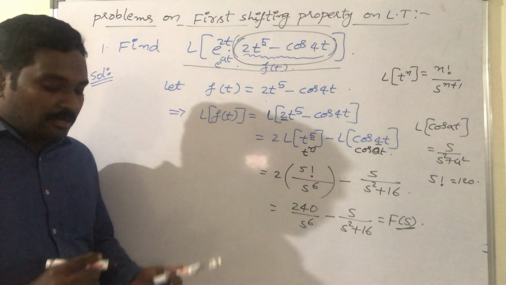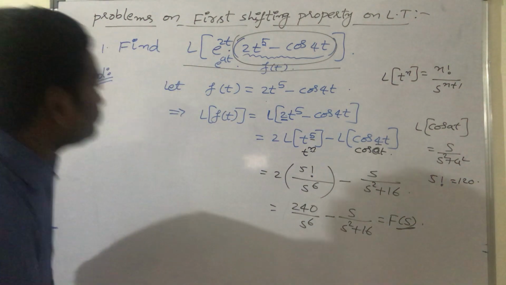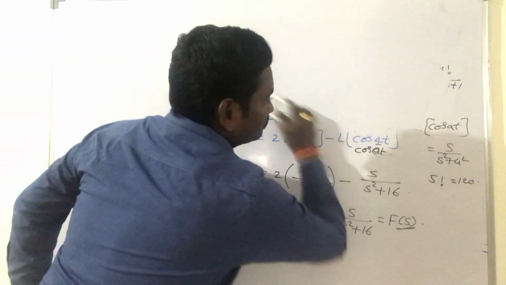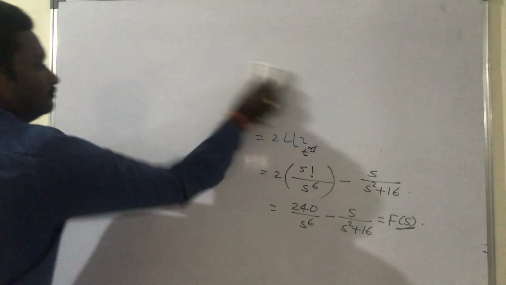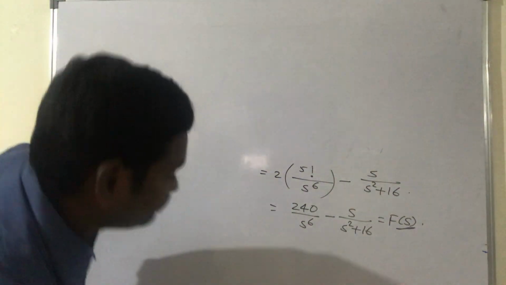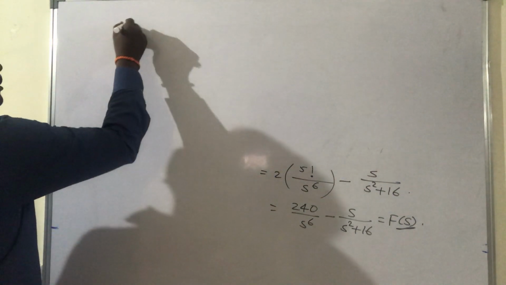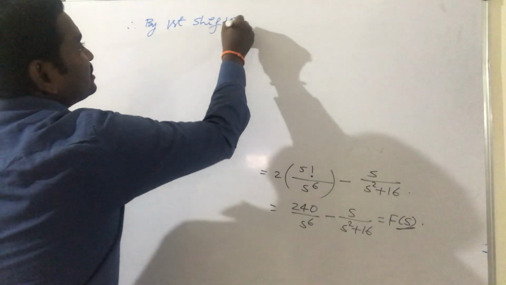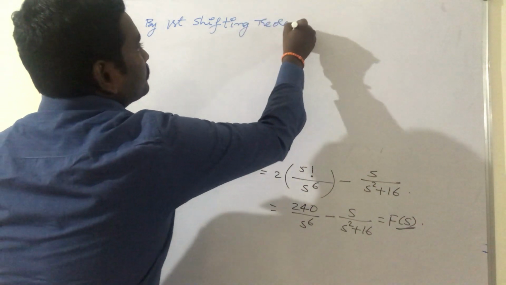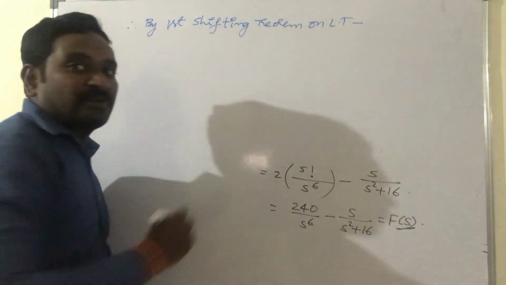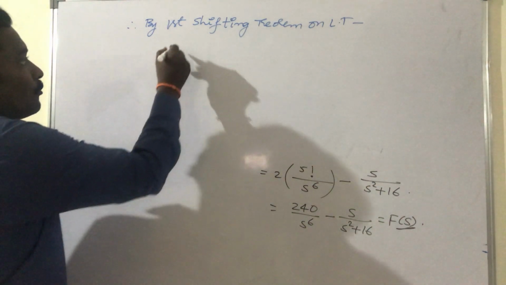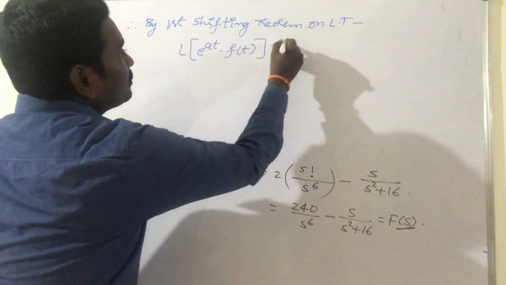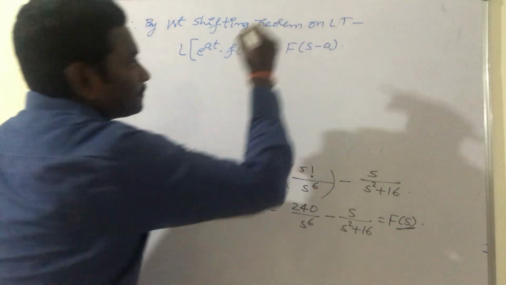Now write the statement of the first shifting theorem on Laplace. Therefore, by the first shifting theorem on Laplace transform, we have L of e power at into f of t is equal to f of s minus a.